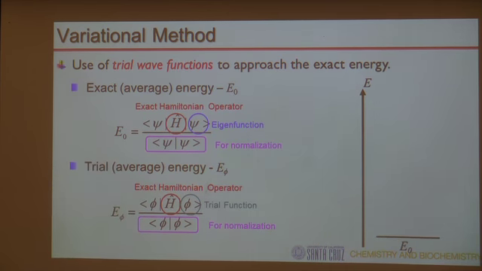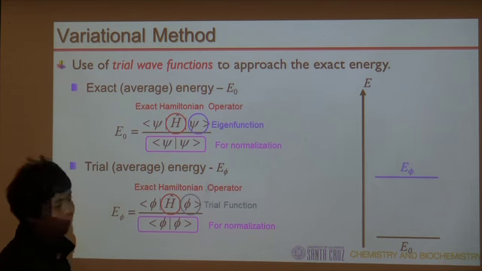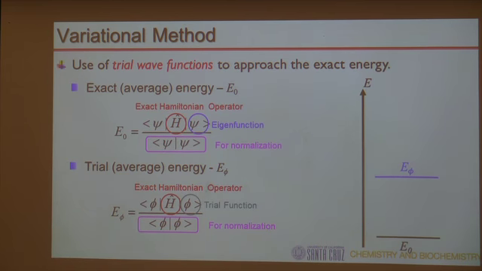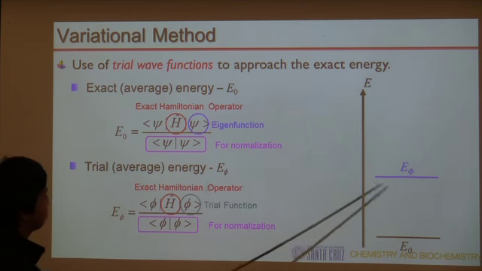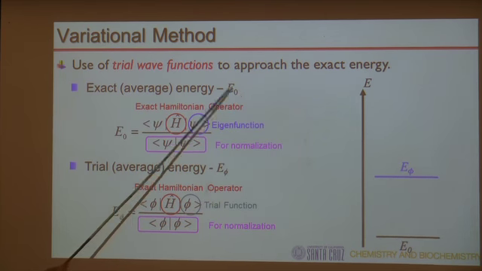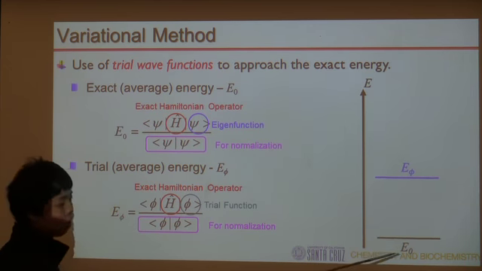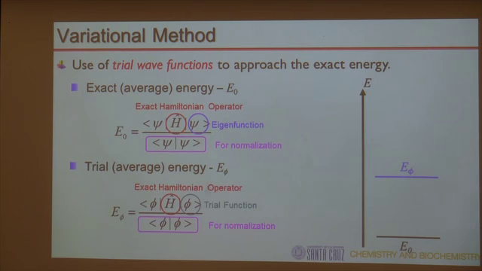But if we use quantum mechanics to calculate the energy with the variational method, we will end up here, always a little bit higher than the exact energy. That's the picture. This E here is E_P, the trial energy, and E0 here is the exact energy. So the trial energy is always higher than the exact energy, and we actually prove it in today's lecture.